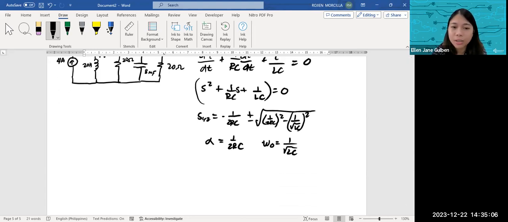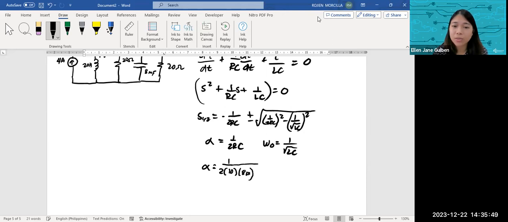Now, the value of this is that alpha is equal to 1 over 2R. R equivalent, since we have 2 parallel 20 ohm, is equivalent to 10 ohms. And our capacitor is 8 milli.